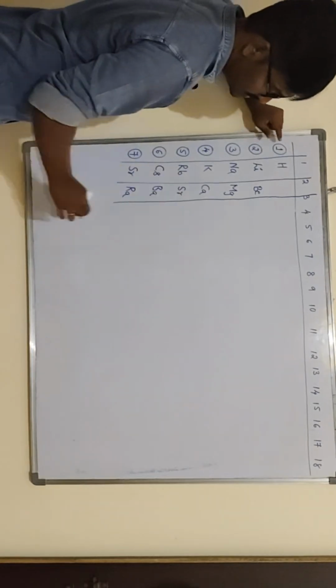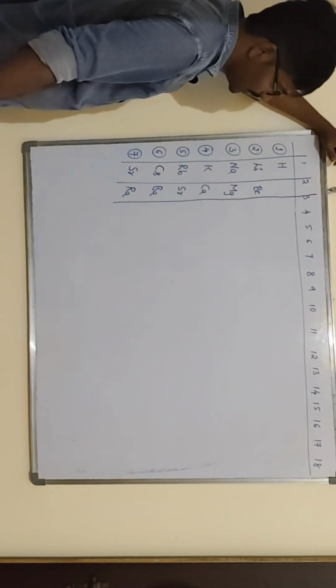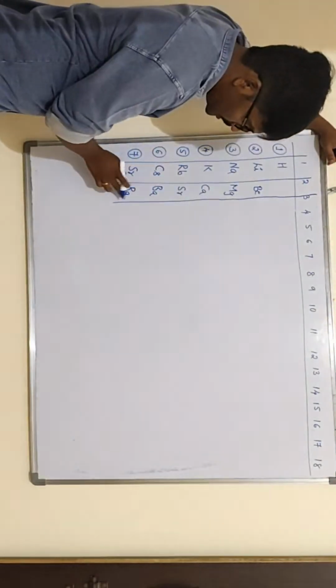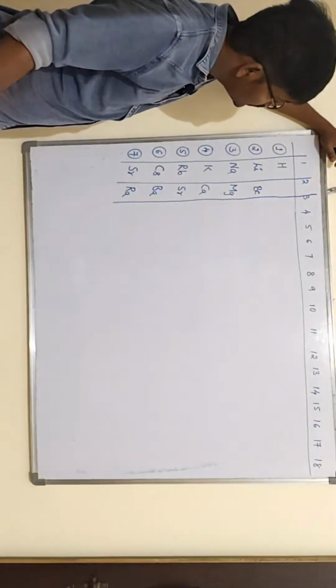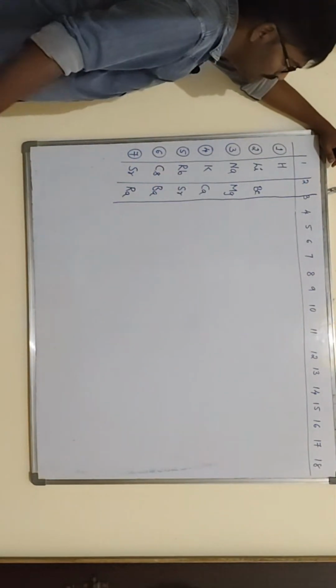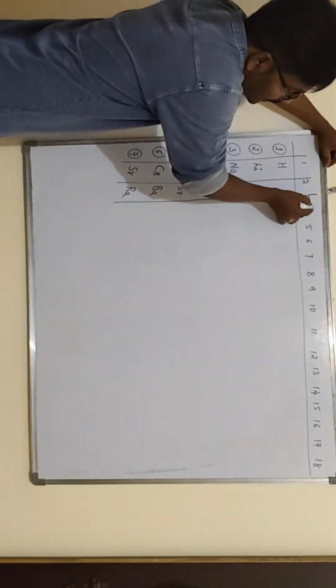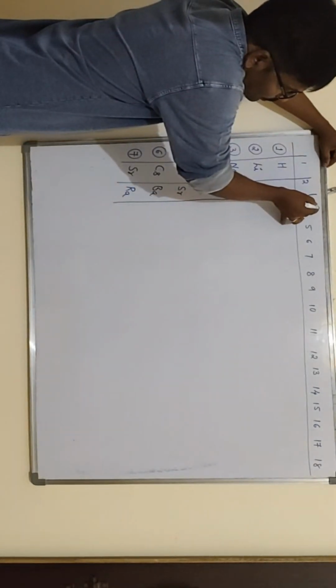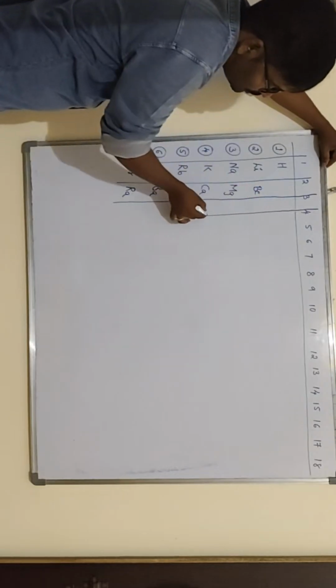You can get it like this: beryllium, magnesium, calcium, strontium, barium, radium.